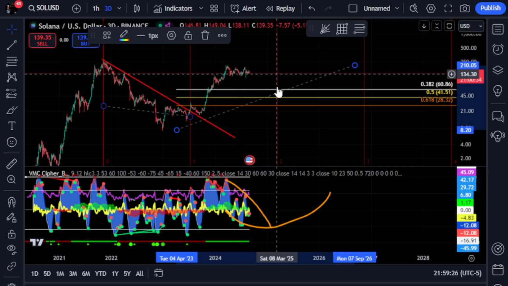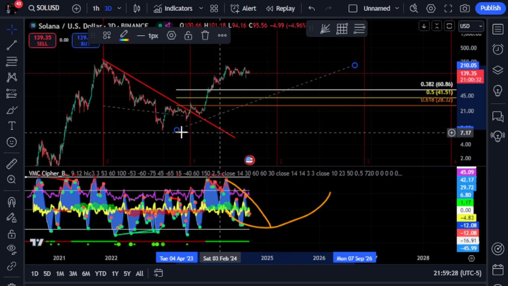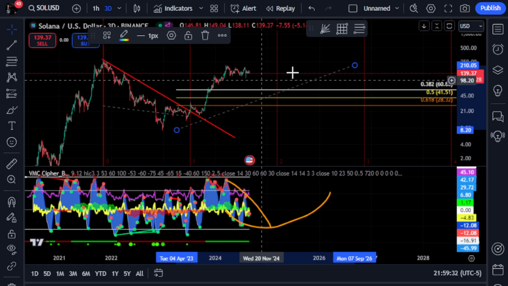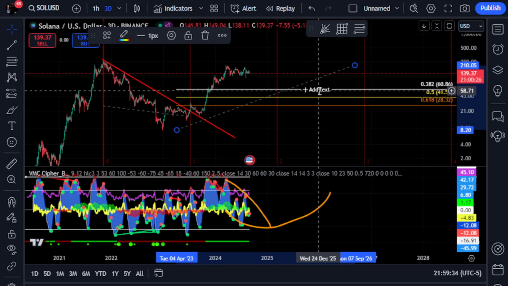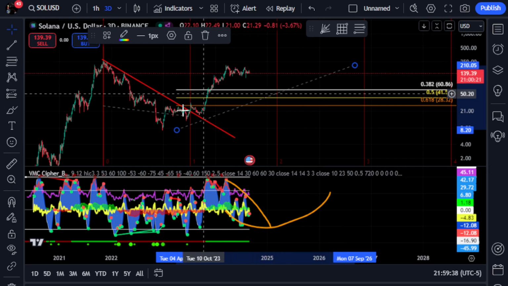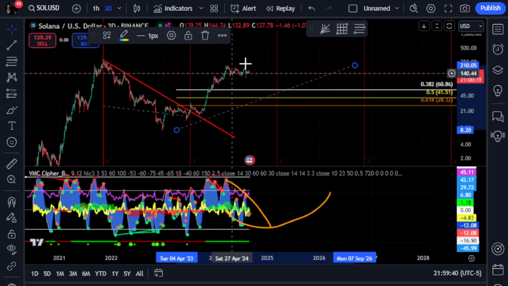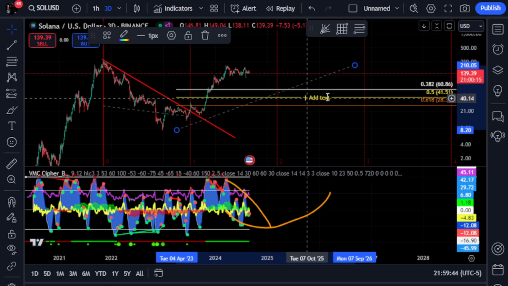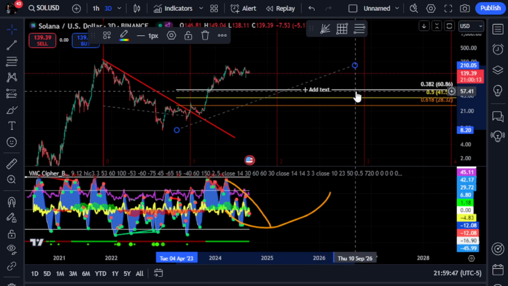What percentage of this move from here to here are we giving back? If we come down to this 382, that would be 38.2% of this entire move, and that comes out at $60.